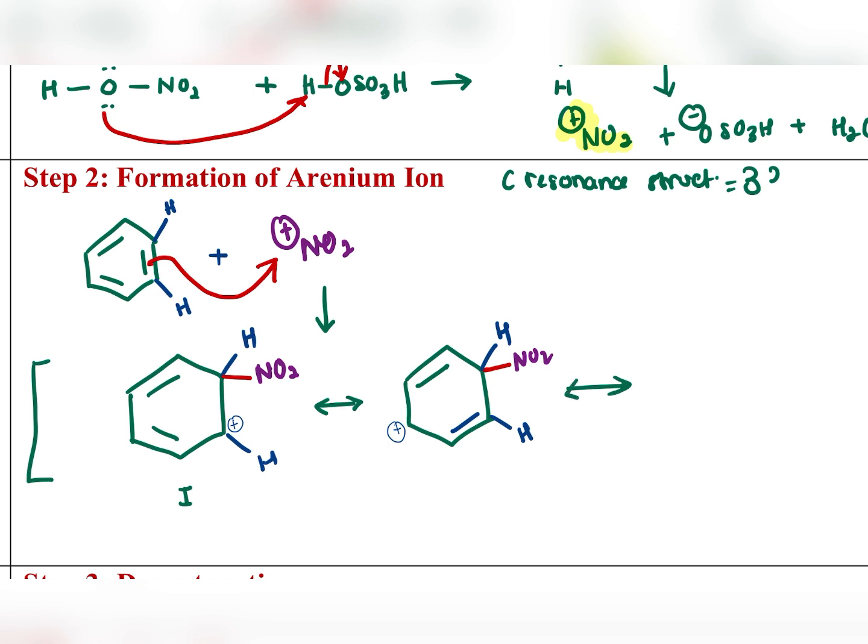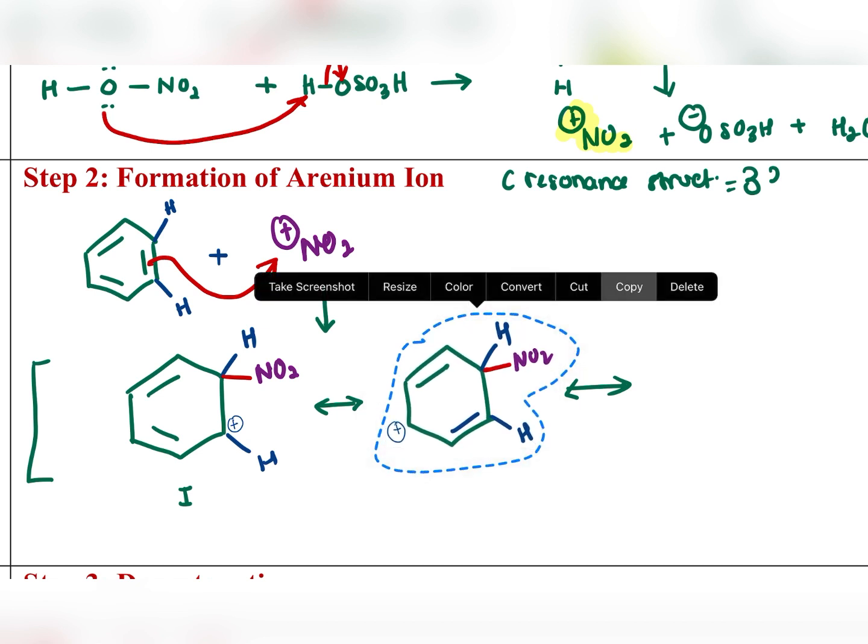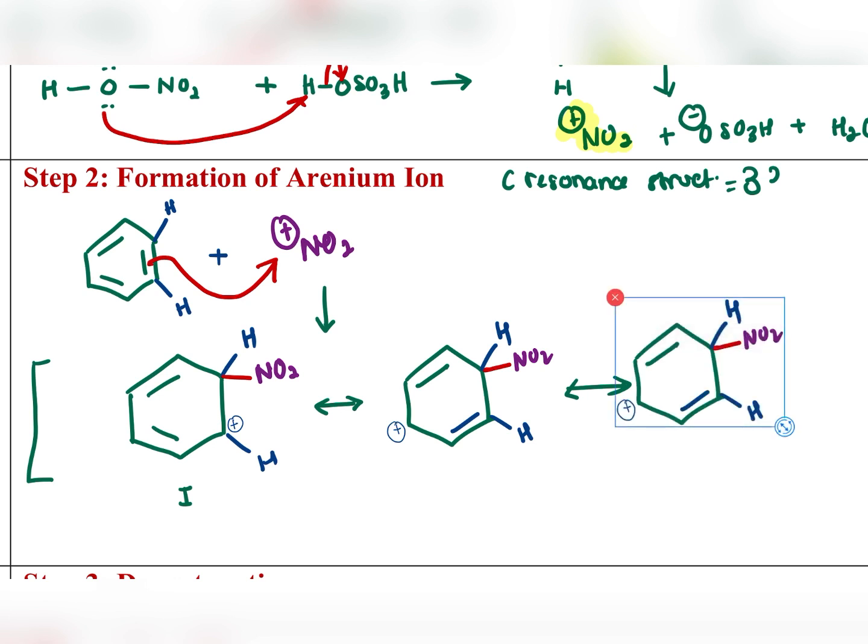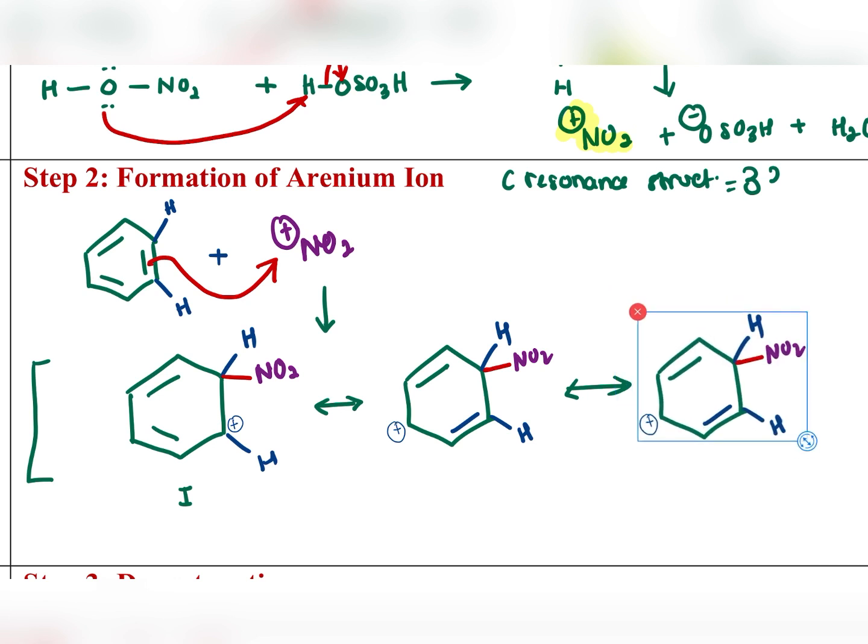okay, so lukis balik kamu punya structure. Okay, so earlier you want to move this pi electron pergi here, sini. So sini akan cancel, delete. Ini pun dah stable, 0 formal charge.